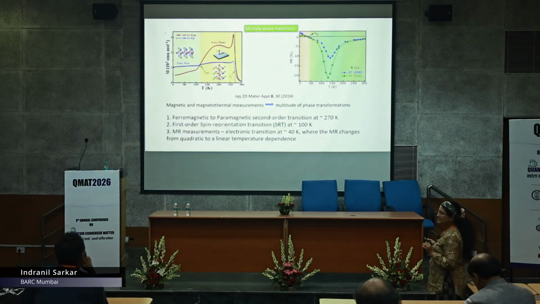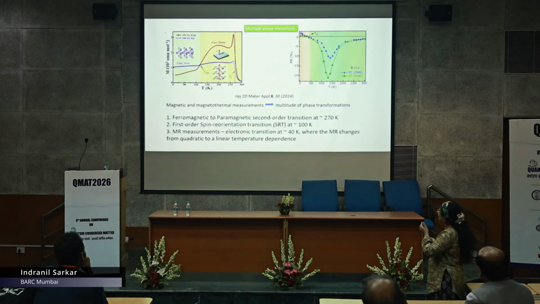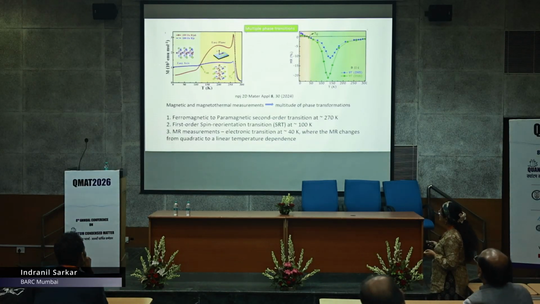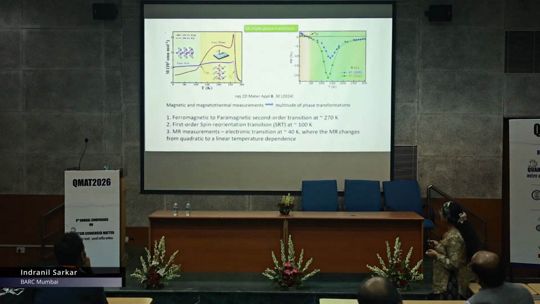So as I have told, this Fe4GeTe2 has multiple phase transitions. If you look at the M versus T measurement, you will see a ferromagnetic to paramagnetic second order transition at around 270 Kelvin, and then there is a spin reorientation transition, which is a first order transition, at around 100 Kelvin.